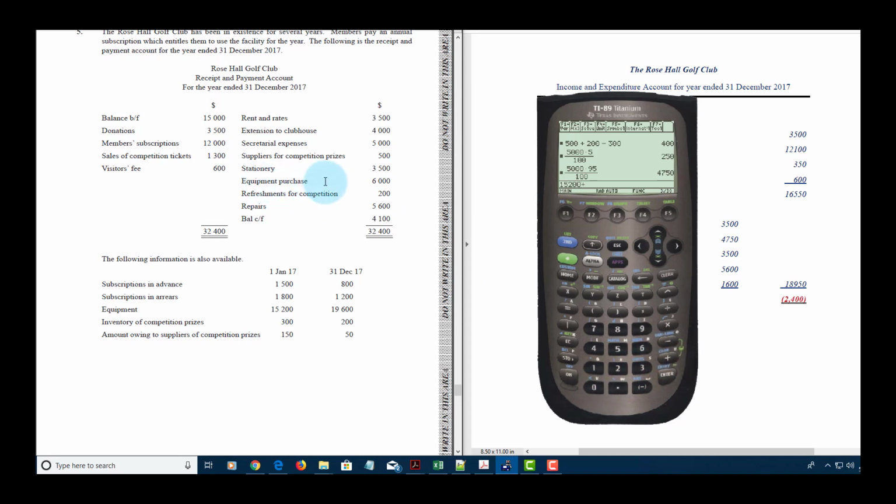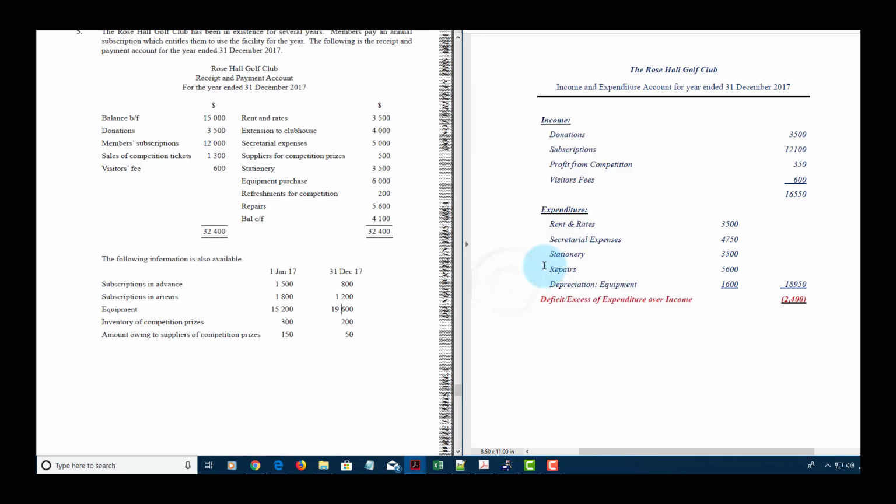We add to that the purchase of equipment 6,000, which will give us 21,200, but our closing balance is 19,600, so we subtract 19,600 from it, and we realize that 1,600 is our depreciation.